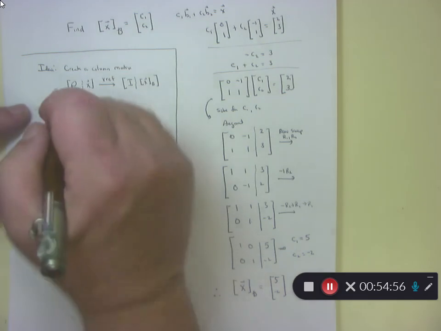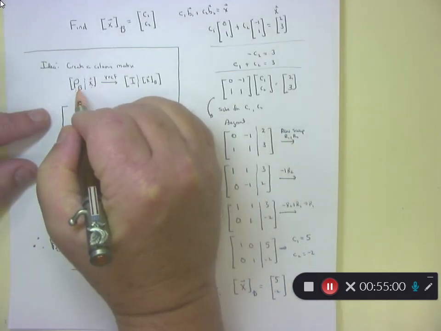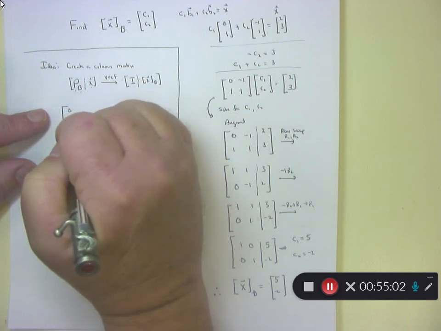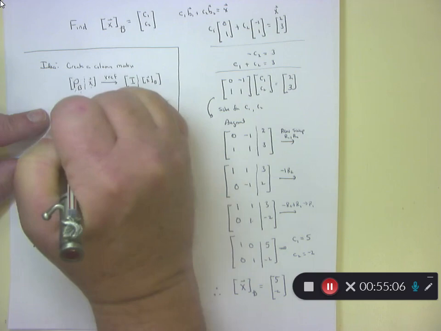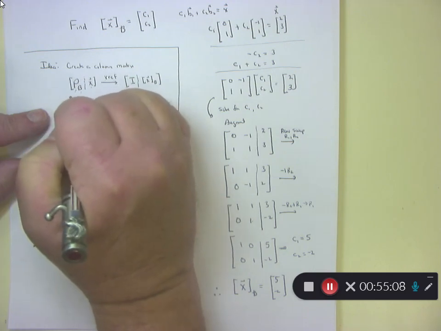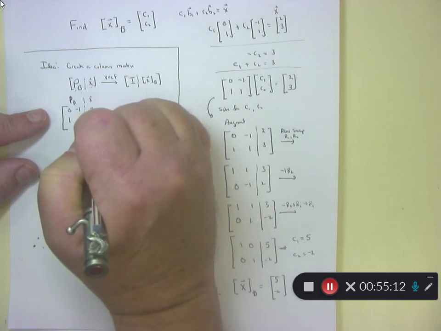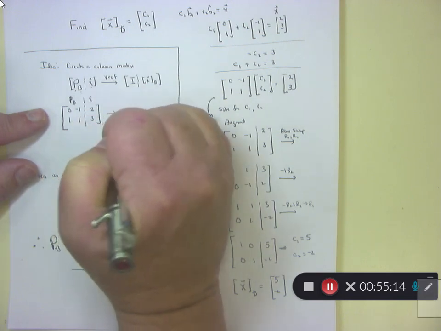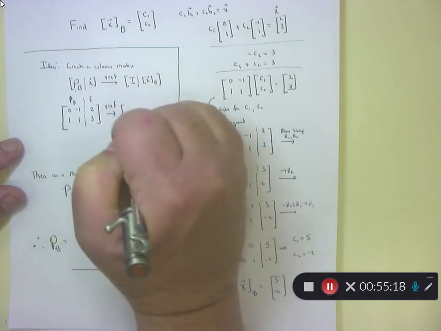So think about it. We did this. This is your basis matrix, and order matters. This was the 0, 1, negative 1, 1. So this is the P relative to B. We augmented it with the X vector, which was given to us to be 2, 3. I reduced row echelon form this stuff.